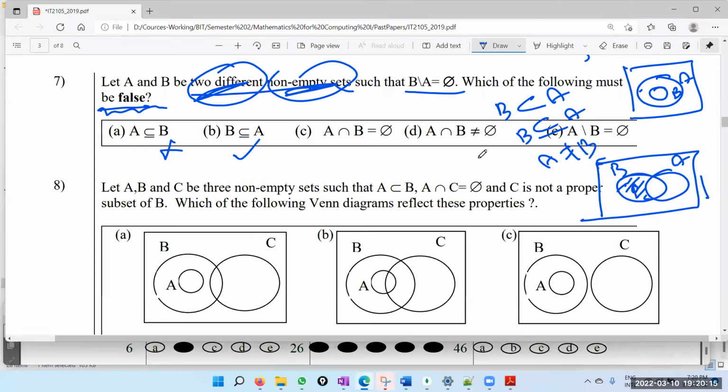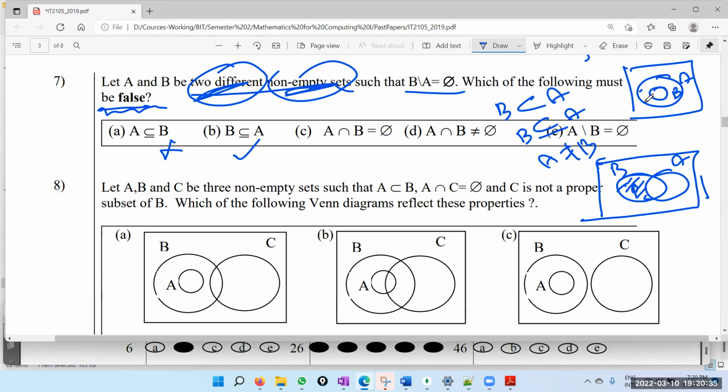Yes, they say different and non-empty sets. If they are non-empty sets, and by looking at this, if we know that B is a subset of A, can we say that A intersection B is 5? No, right?